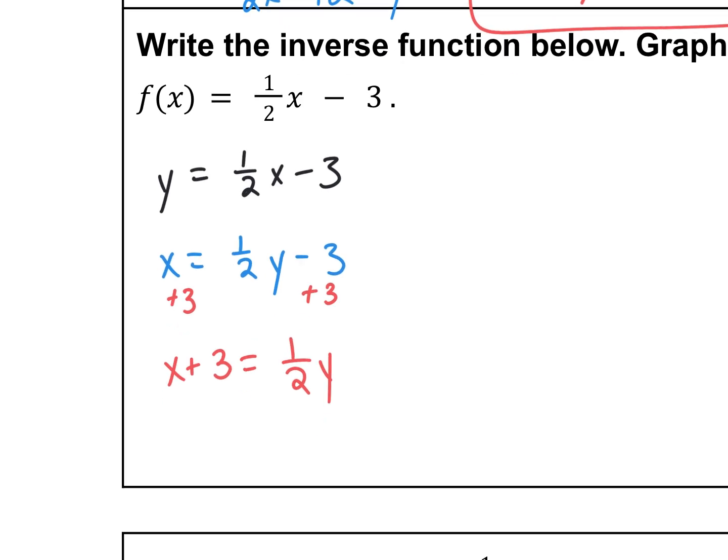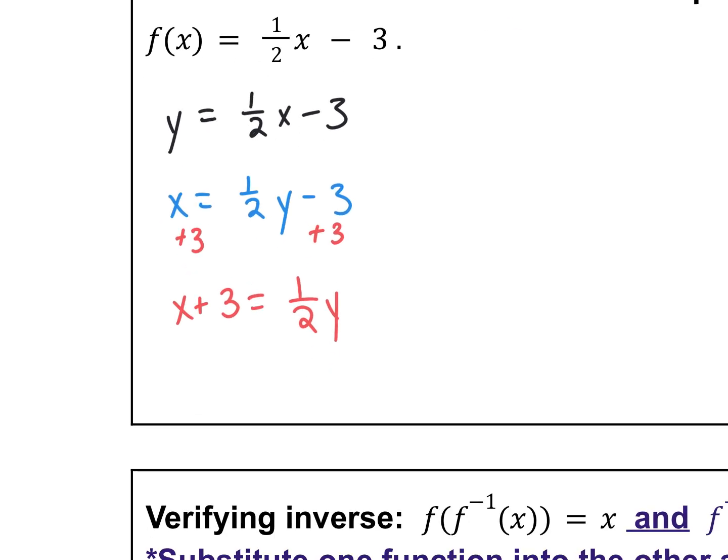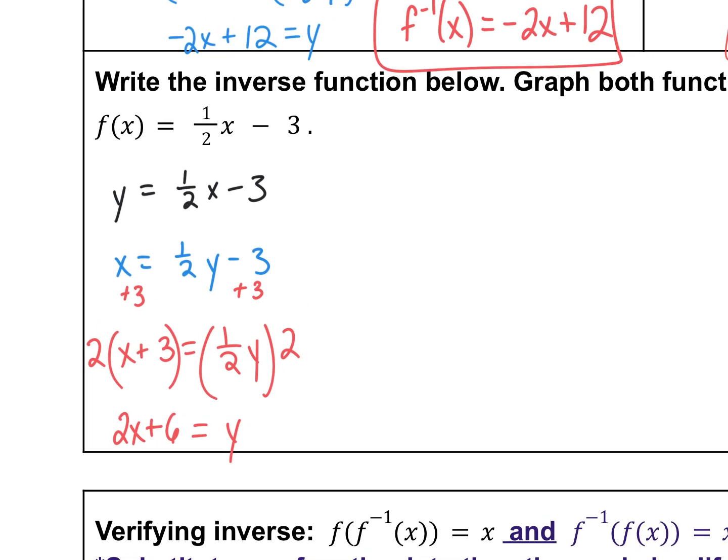And then multiply by 2 because that's the reciprocal of 1/2. You also could have divided by 1/2. Whatever works better for you. This gives me y equals 2x plus 6 because I distribute. And then I'm going to rewrite it with my new notation, right? And I'm done with that part. How do we do there?